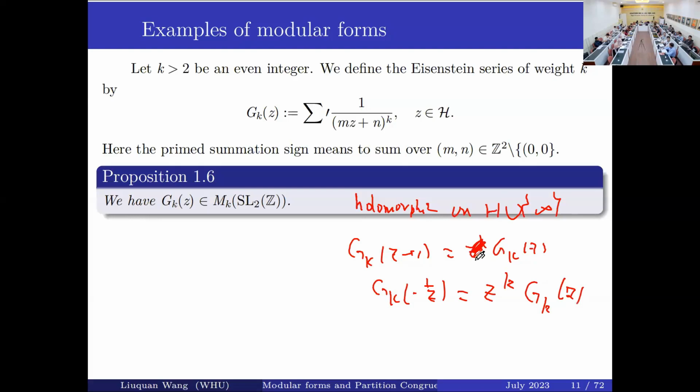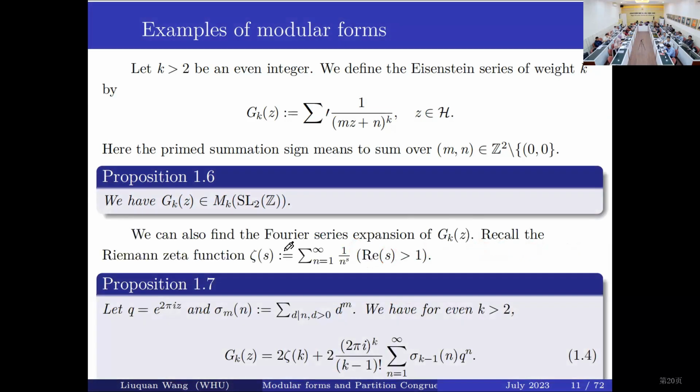You just need to verify these two functional equations. The first one is very clear, because when you change z to z + 1, the sum will not change. And for the second one, it is also easy. Okay, this is a very classical example for modular forms.